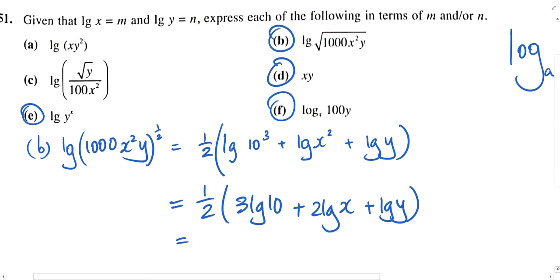And then? Plus what? 2m plus n. Is that it? Okay, then the rest you can do yourself already, right? Okay, thank you. You can sit down.